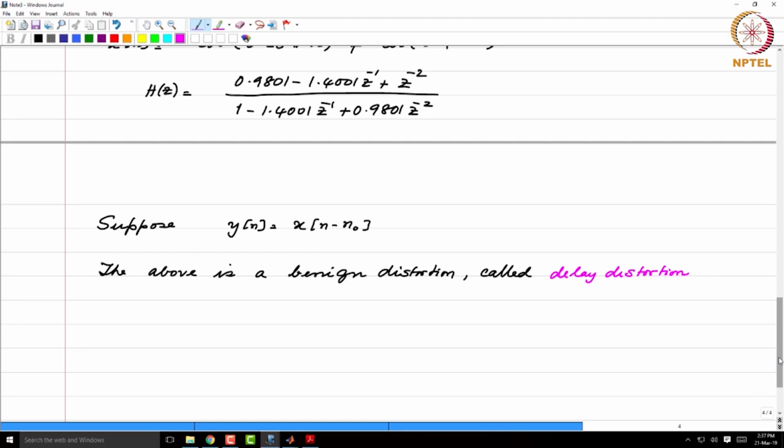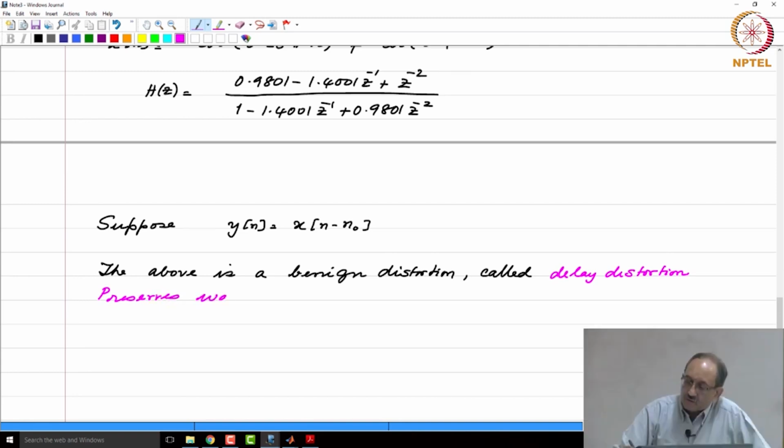So, the output and the input are identical except for a delay. This delay distortion preserves wave shape. Therefore, it is really not a terrible distortion.